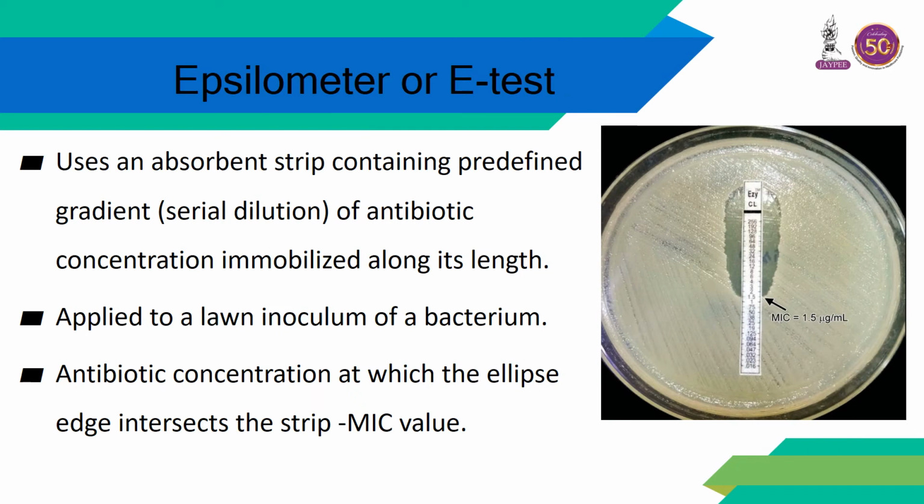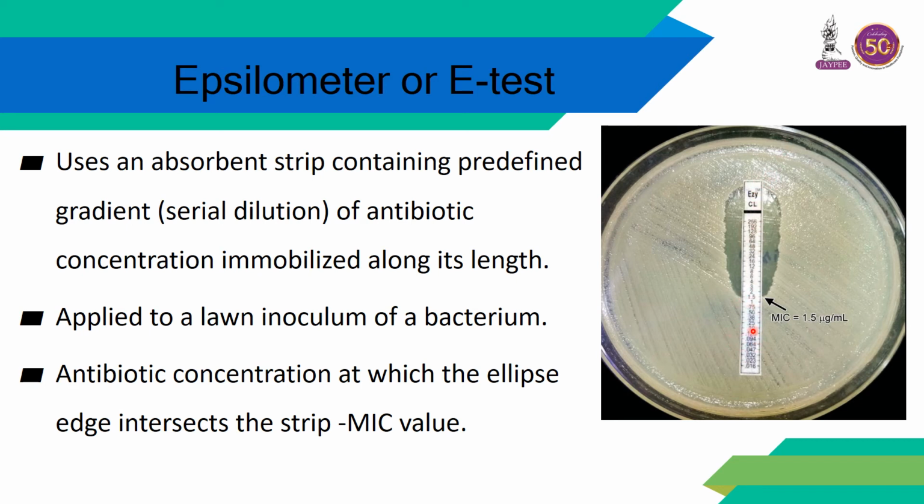This was regarding the disc diffusion method. The second method is the epsilometer or E-test method. It is similar to the Kirby-Bauer disc diffusion method, but in Kirby-Bauer we use a disc which has the drug at a constant concentration, but here we use a strip.